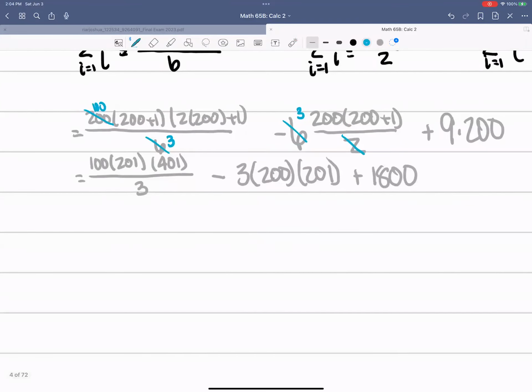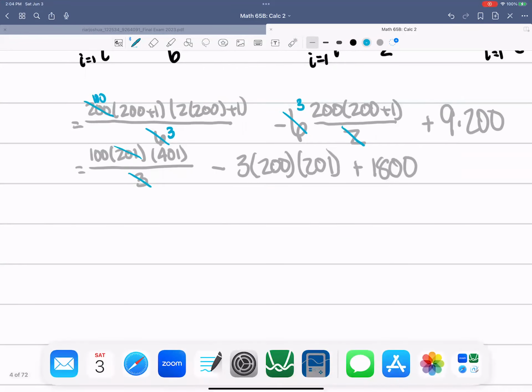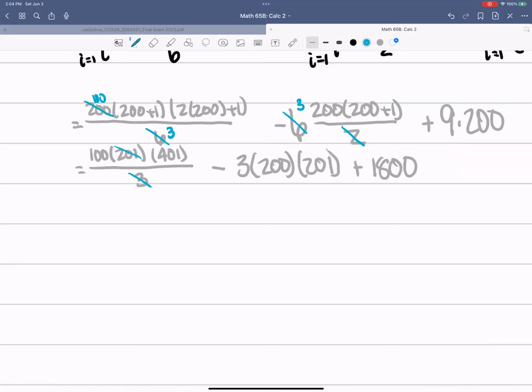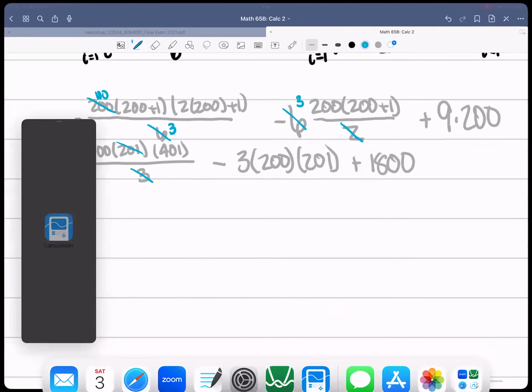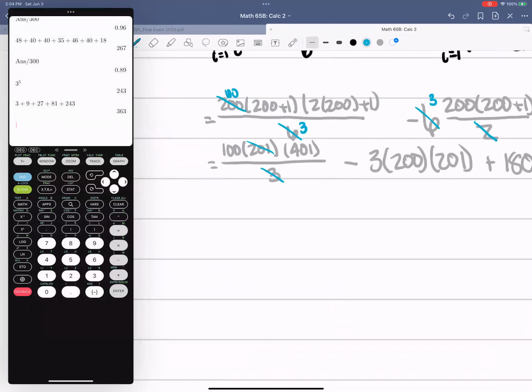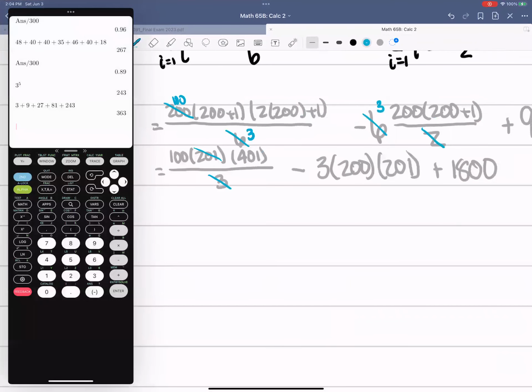It looks like we could divide this here. And here we have 201 divided by 3. That's 67 here.